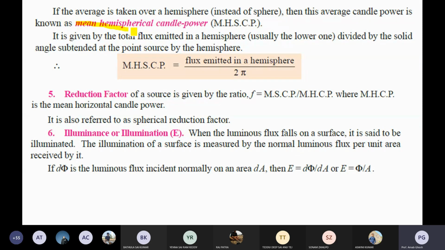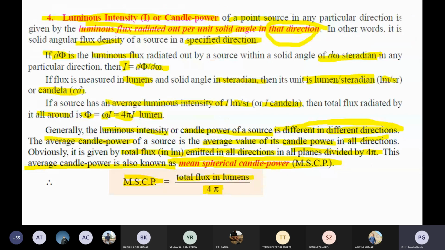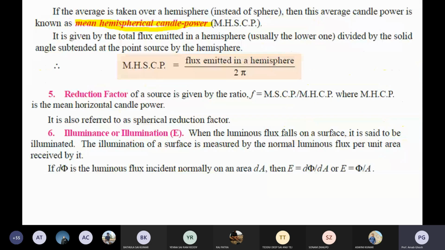Then illuminance, or the illumination. When the luminous flux falls on a surface, it is said to be illuminated. The illumination of the surface is measured by the normal luminous flux per unit area received by it.